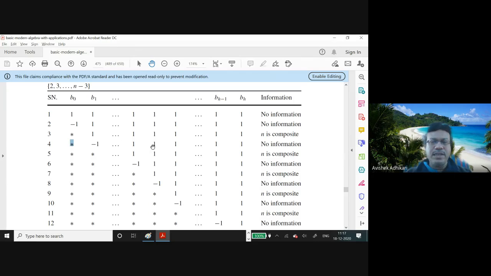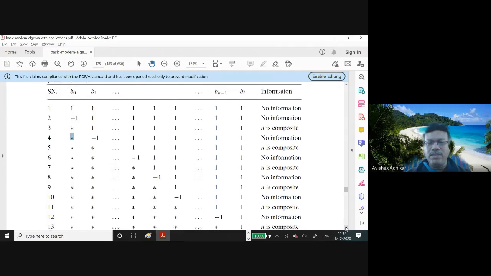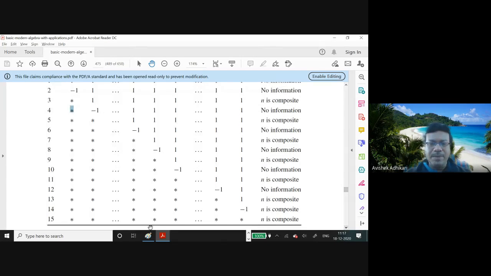After how many steps will you get 1? Now my question is, is it always 1? It may happen that you start with something, make one square of each of them, and it will stay non-zero, non-1, non-minus-1. It may also happen like this.